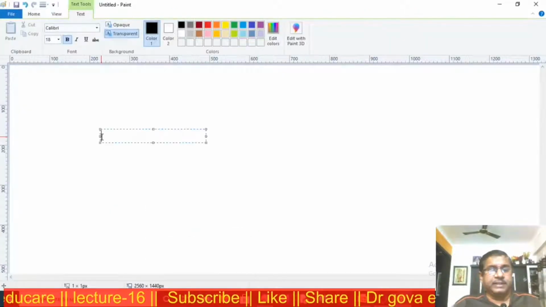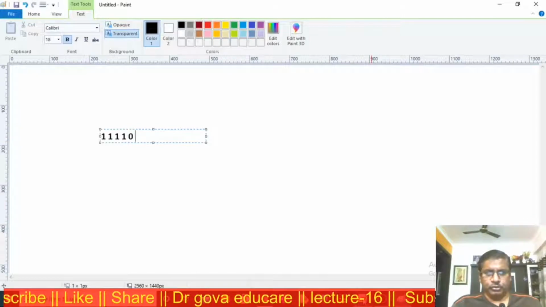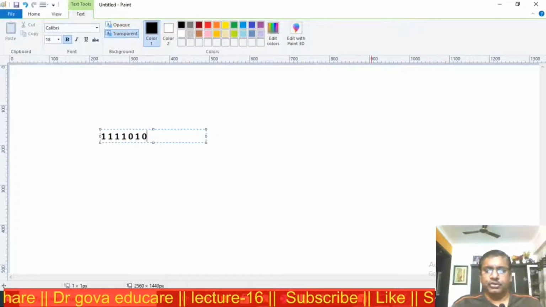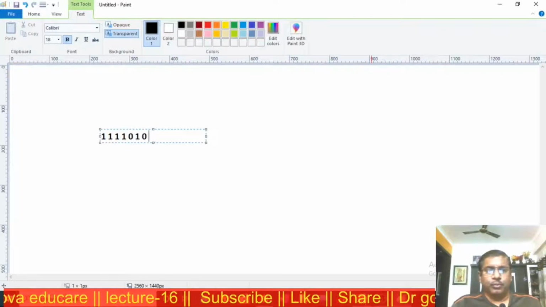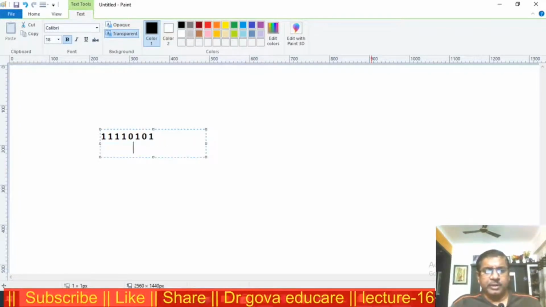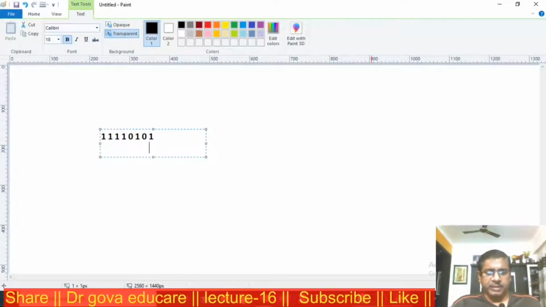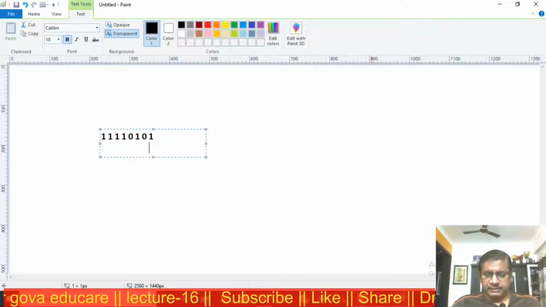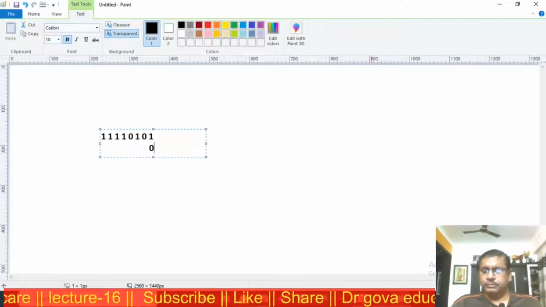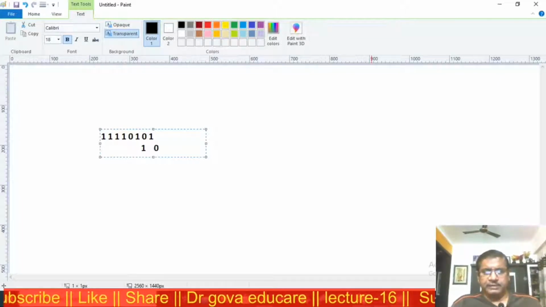Now this is 1, 1, 1, 1, 0, 1, 0, 1. Now I want to find the 2's complement of this number. First I want the 1's complement. The complement of 1 is 0. The complement of 0 is 1.